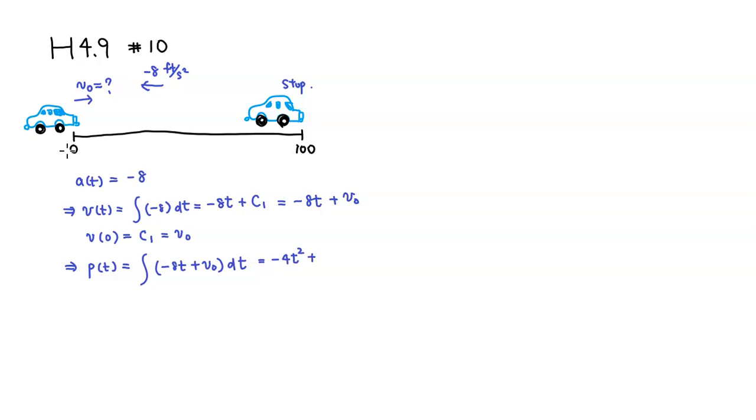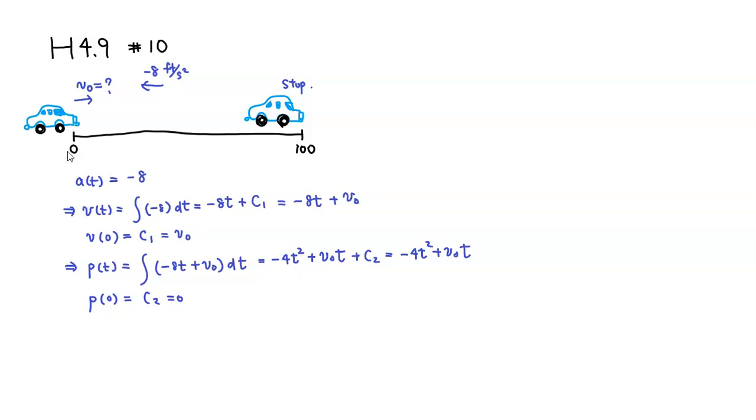The antiderivative of v0 would be v0t, plus some constant c2. Position at time 0 would be 0, so if you plug in 0, c2 is going to be 0. So we have negative 4t squared plus v0t.